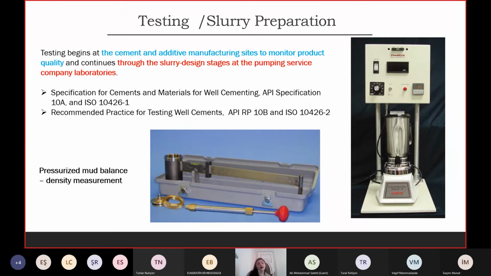And how do we mix slurry in the lab? On the rig I have mixing on the fly. But in the laboratory, we have a special tool, a special machine for mixing slurry. Okay, you can see it on the right-hand side, this Chandler.